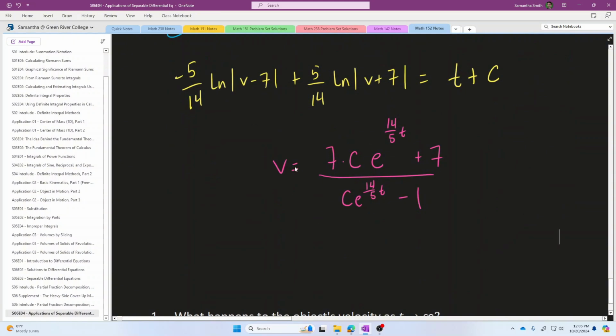The velocity as a function of time is equal to 7 times some constant times this exponential, plus 7 in the back, all over c e to the 14 over 5t minus 1. This is the format of the velocity function for this falling object.